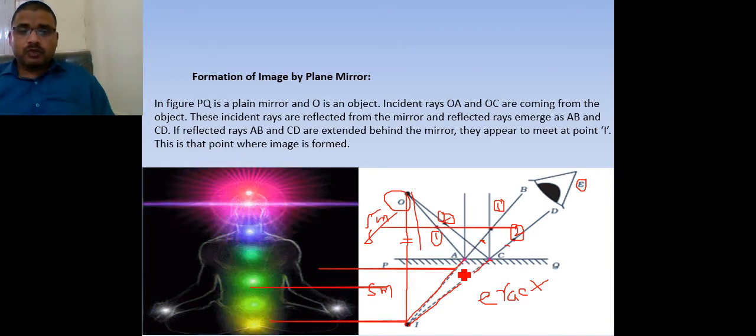You will observe that wherever these two lines meet together, at that point the image will be formed. This is the formation of the image by the plane mirror, and the same thing is written here. If you want to read, you can read, otherwise I have given the explanation here.